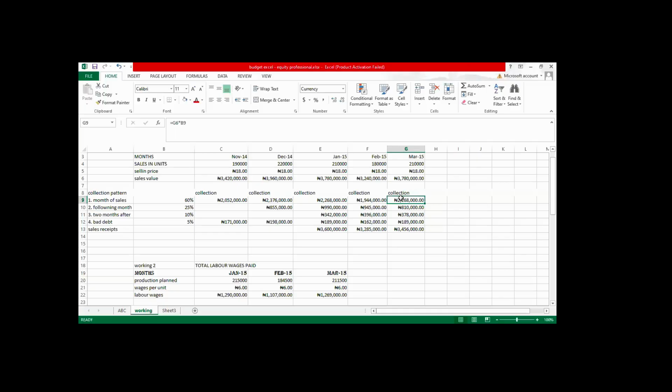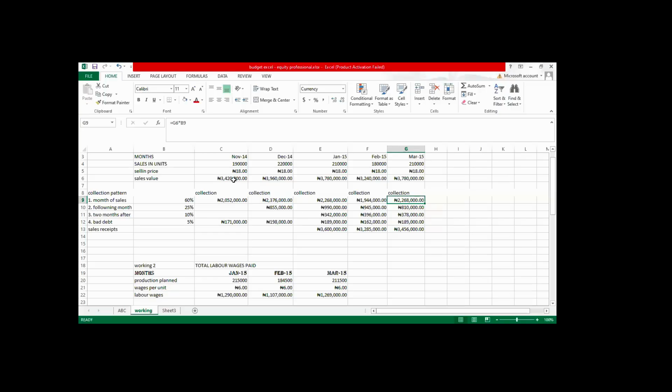Examiner says 5% of your sales is irrecoverable. 5%. And this will be written off in the month of sales.